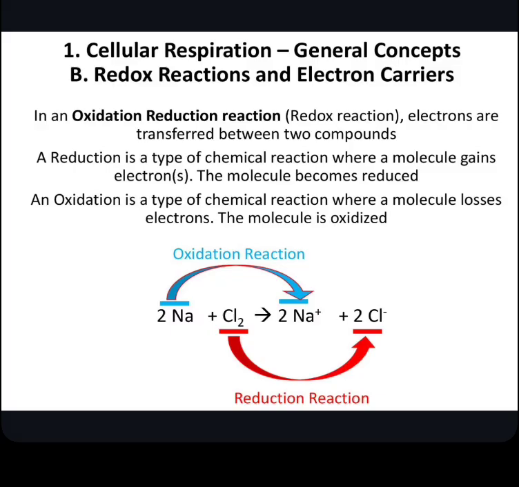Each of these sodium atoms loses 1 electron. Again, electrons are negatively charged. So if the sodium loses electrons, then they will gain a positive electrical charge. So 2 electrons have been removed, 1 from each sodium, and now these are 2 sodium ions that are positively charged. Those electrons have to go somewhere, so we have a reduction reaction happening at the same time.